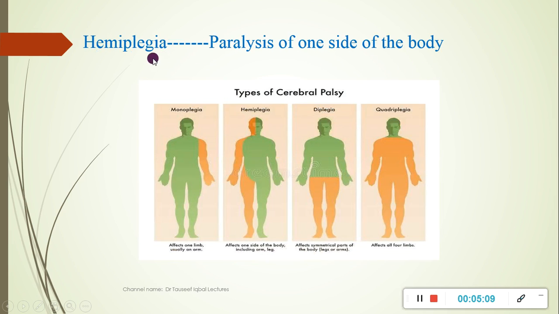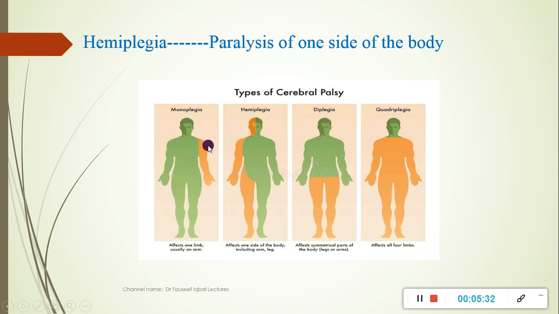Next is hemiplegia. So hemi means half. So paralysis of one side of the body. If there is paralysis of one side of the body, that is called hemiplegia. There are basically different types of cerebral palsy.